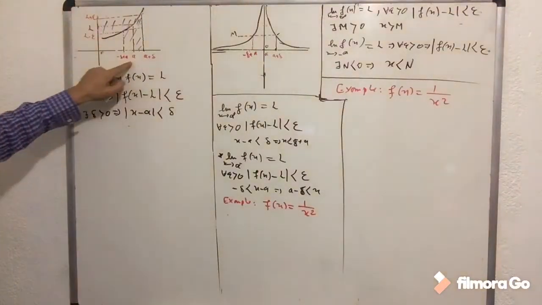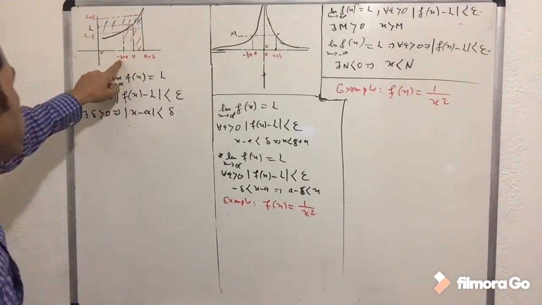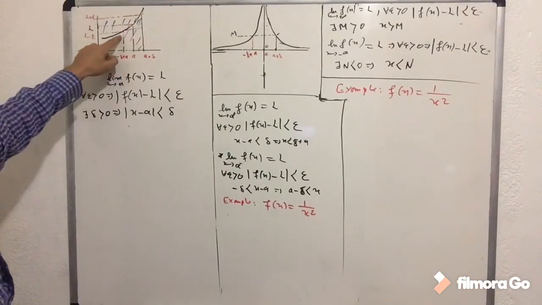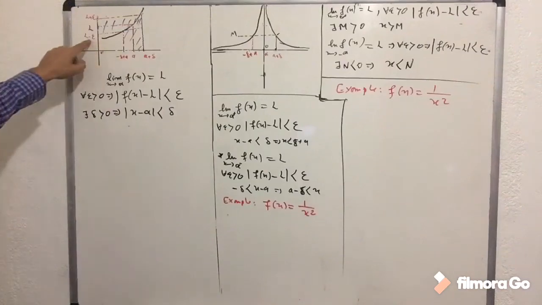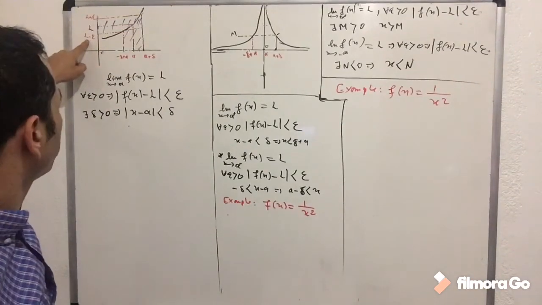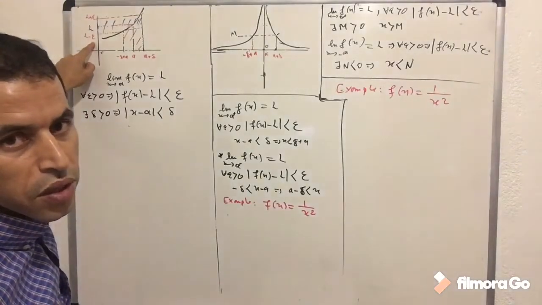Okay, let's go to the left hand side of the point A, which is A minus delta. Let's put a projection on this function. As you see here, you will see the limit value, which is L minus epsilon, as the minimum number this limit can take.